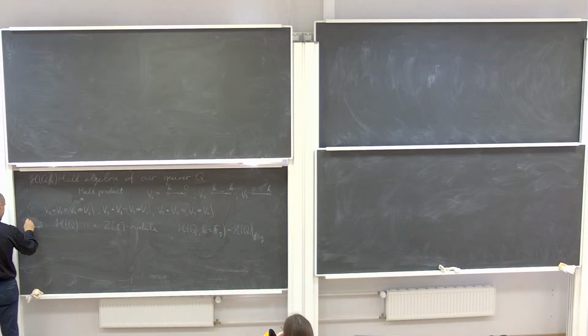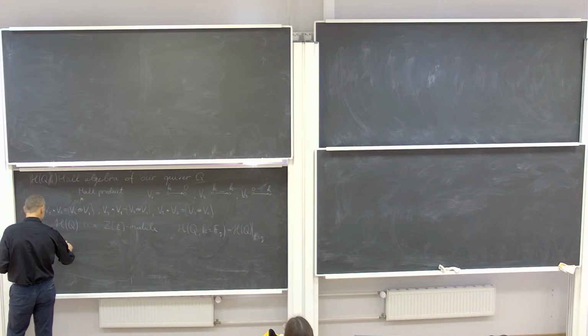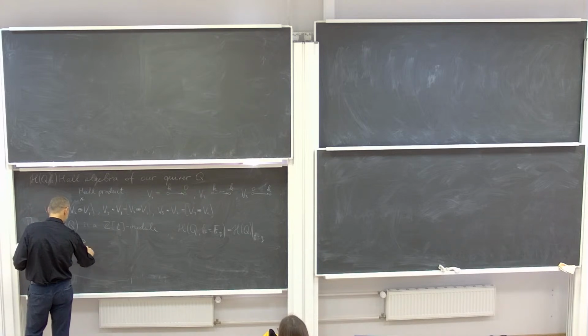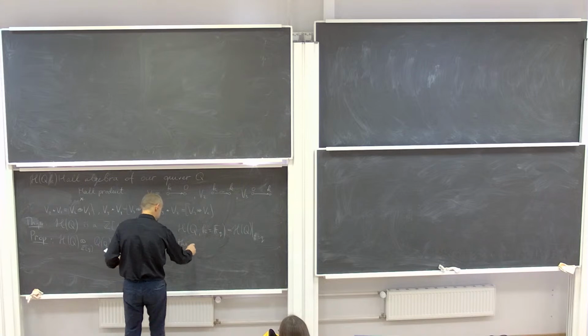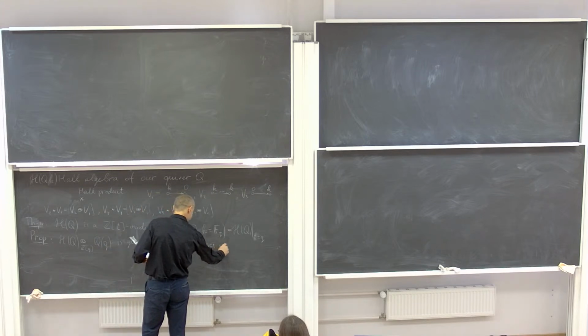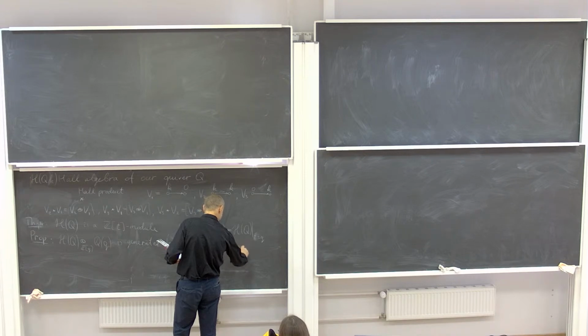Well, this was not a proposition but a theorem, and we didn't prove it. But I almost explained that H of q tensored over polynomials with the fraction field is generated by the classes of simple modules S_i.